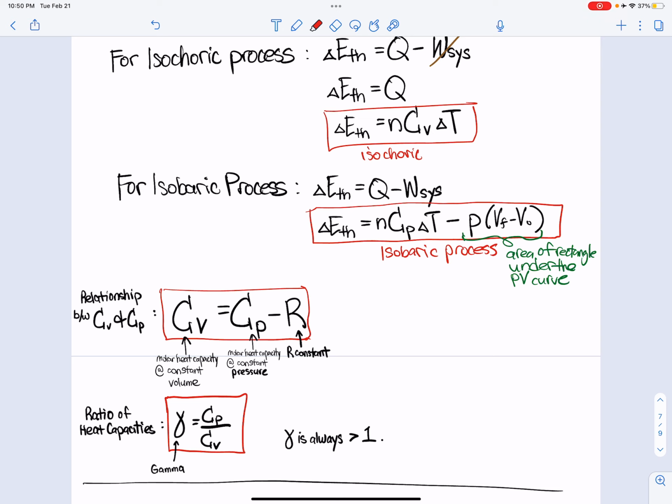Another thing to know is that gamma is always greater than 1. That's because of this equation: molar heat capacity at constant pressure, Cp, minus the constant R is equal to CV. So Cp is always greater than Cv, and as a result, gamma is always greater than 1.